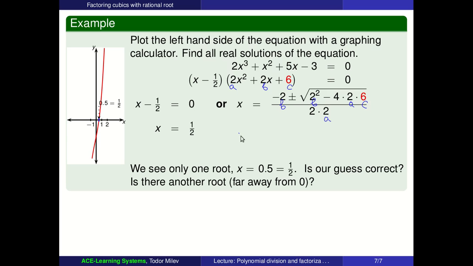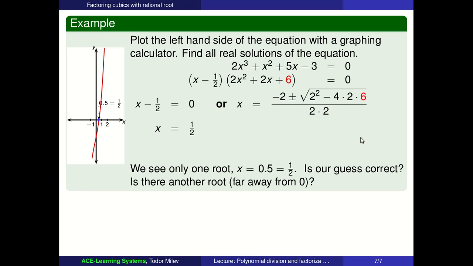Just a reminder, the quadratic formula says that x equals negative b plus or minus radical of b squared minus 4ac, over 2a. So b is 2, a is 2 and c is 6.